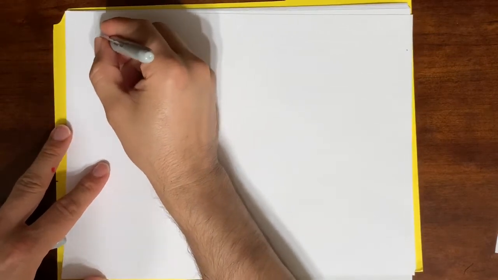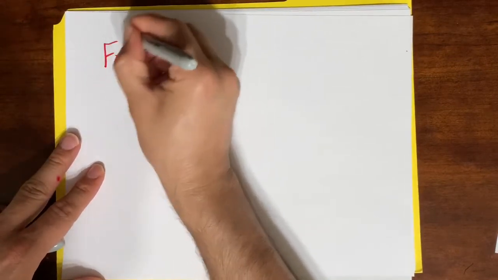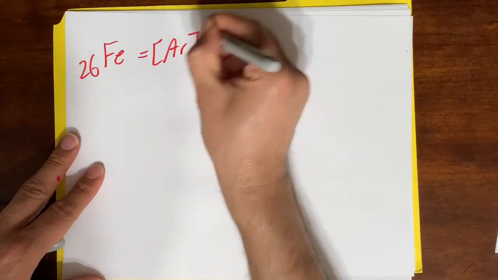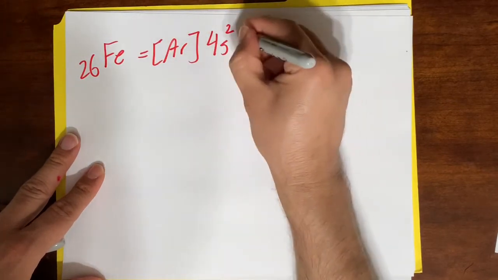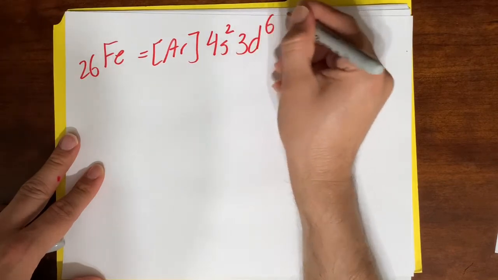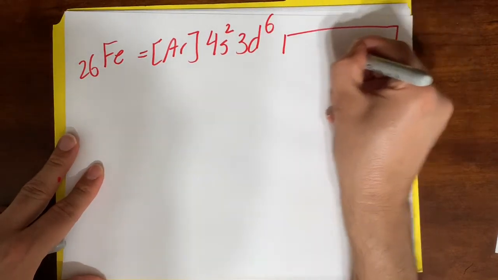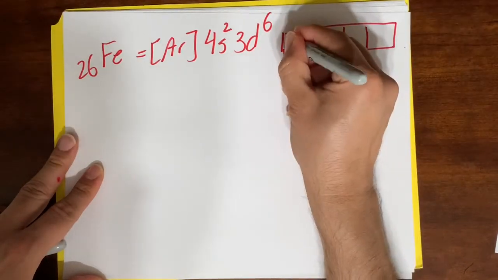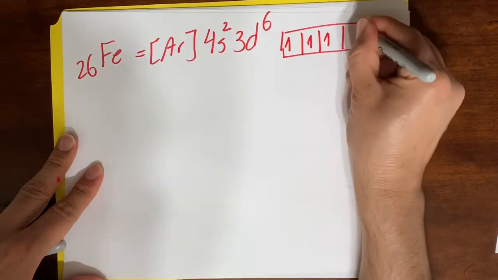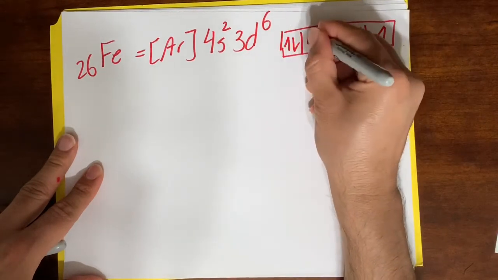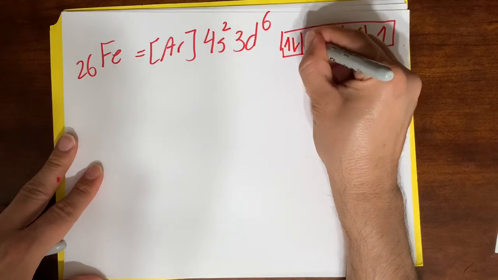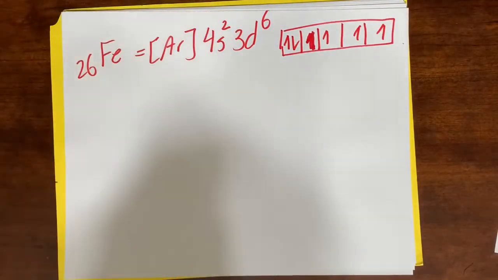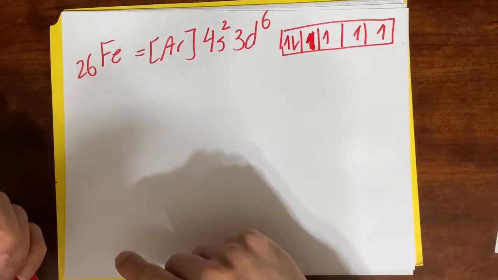Electron configuration of iron, we said, argon 4s2 and 3d6. 6 electrons we have.